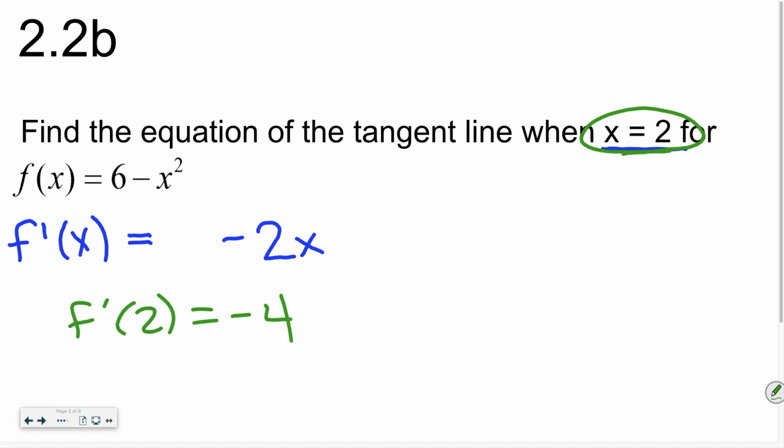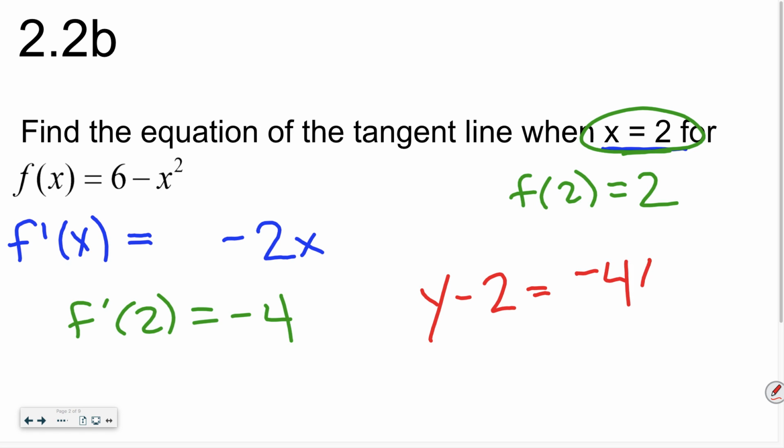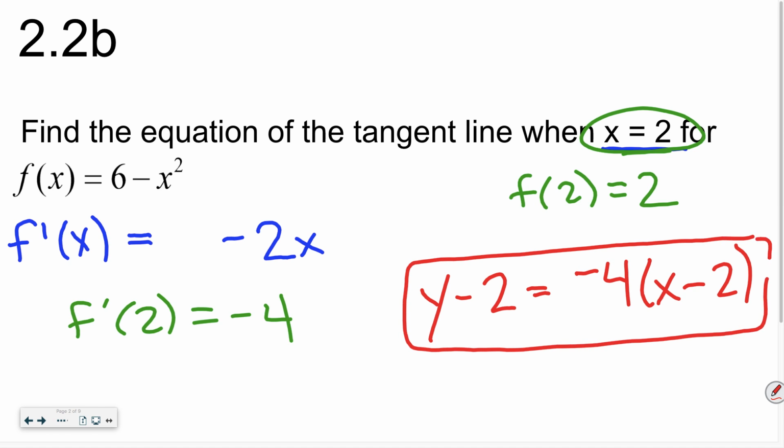Okay, so we need f of 2. 6 minus 2 squared would be 2. So our coordinate is (2, 2). Our slope is negative 4. So y minus y1 equals slope times x minus x1. Don't do any more algebra. Leave it like that. That's how I want to grade it. Oh, okay. No, we get it.